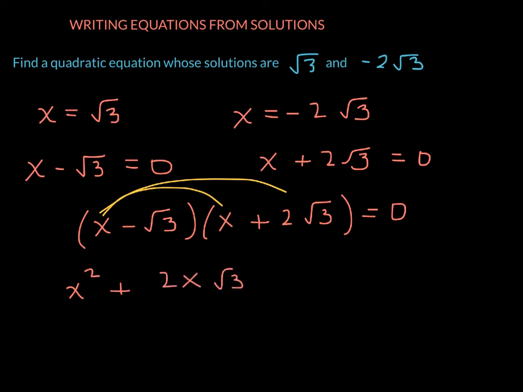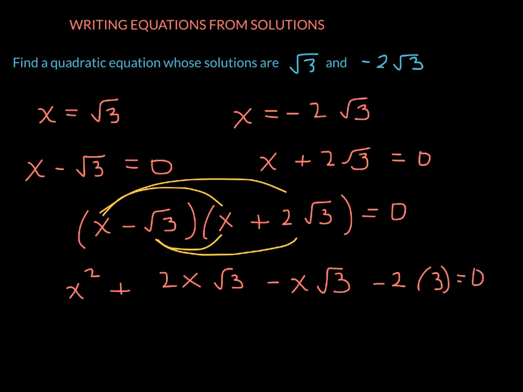Let's continue distributing. Now we have x times negative root 3 and negative root 3 times positive 2 root 3. So that gives me negative x root 3 and minus 2 times 3. Let's not forget that this is set equal to 0.